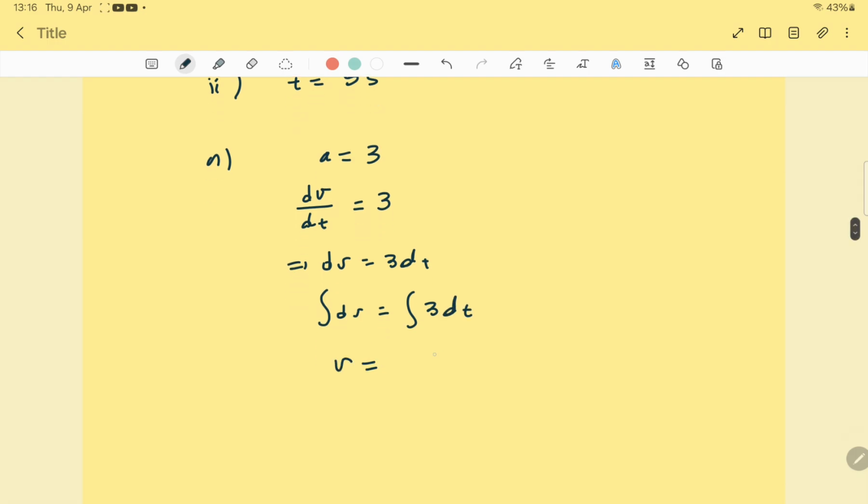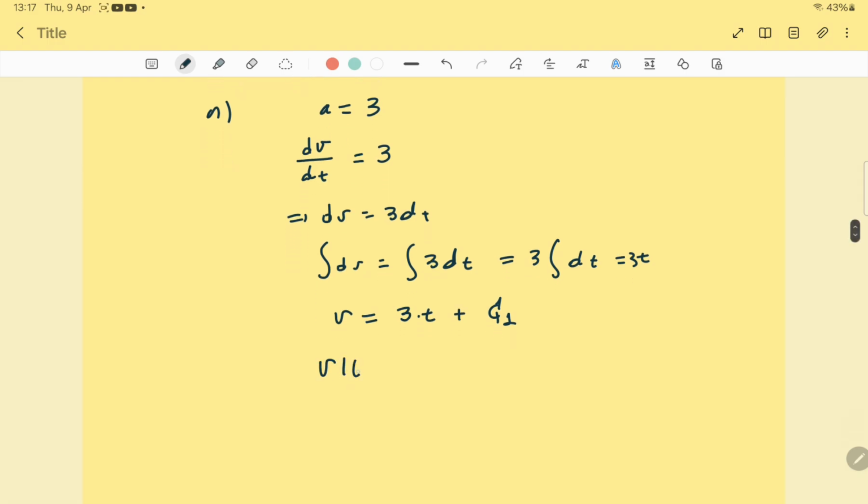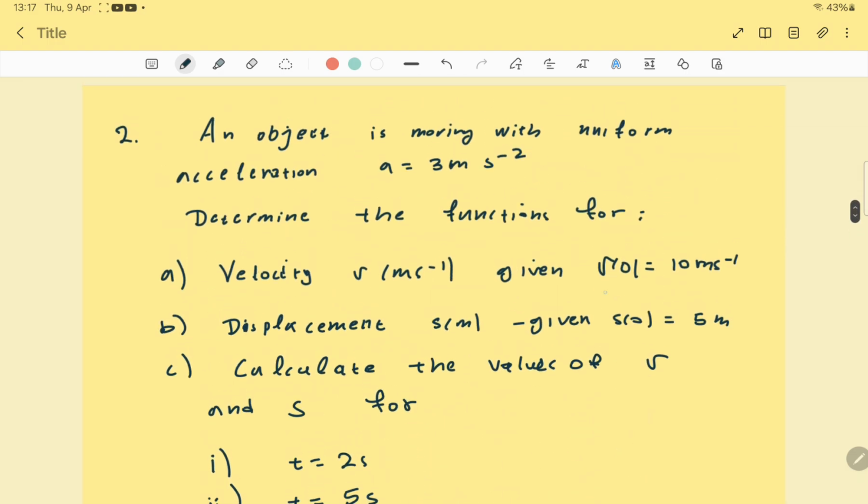Then we have v equals 3 times the integral of dt, which is just t. So it's going to be 3t plus c1, a constant of integration. V of t as a function of time is 3t plus c1. We have an initial condition for t equals 0.